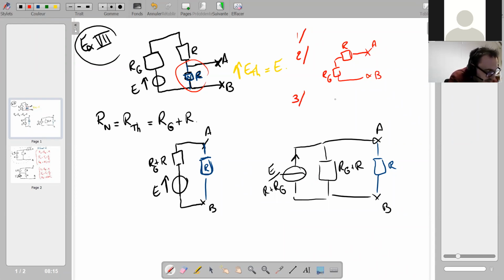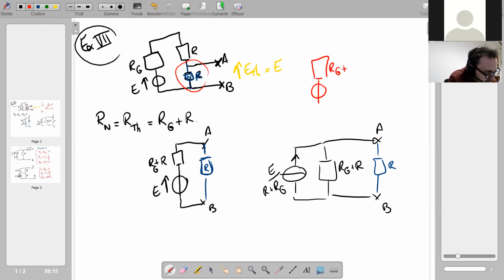And you're looking for ETH. So you turn the source back on. Here, actually, you can simplify like this. And you look for ETH between E and B, correct?